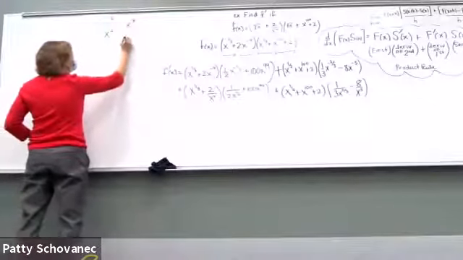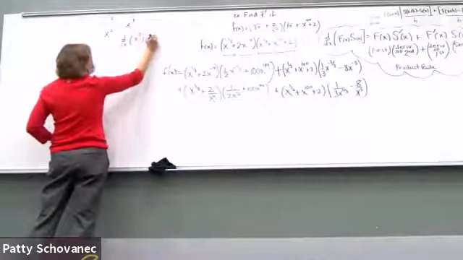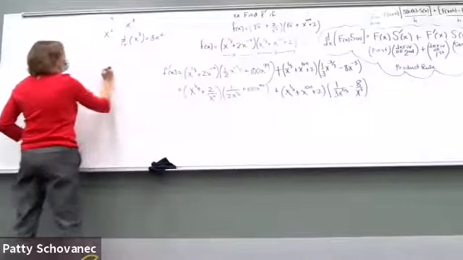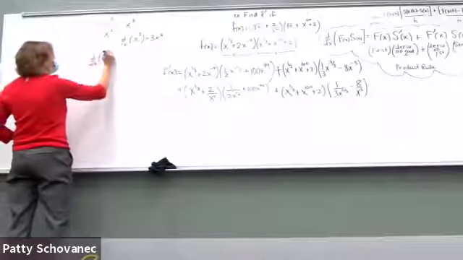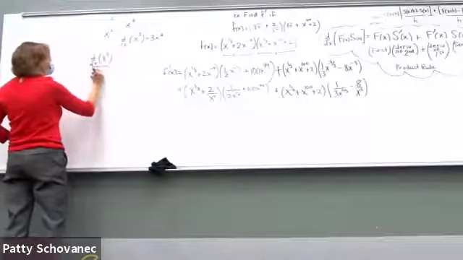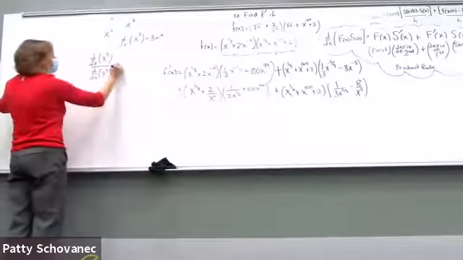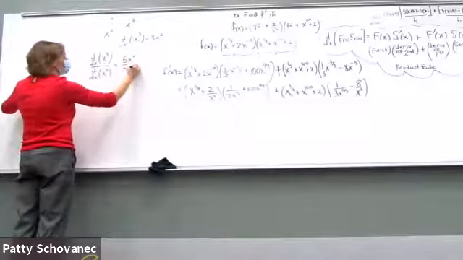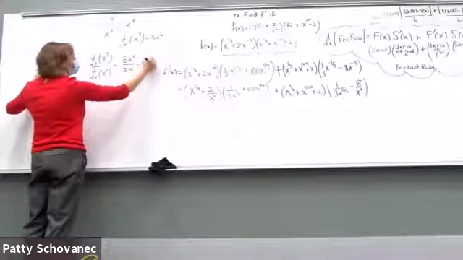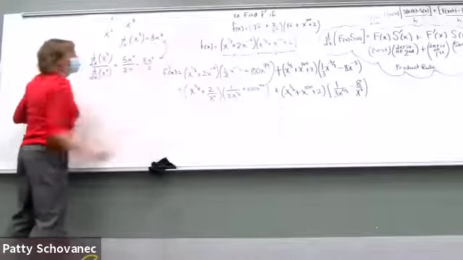And I know the derivative with respect to x of x cubed is 3x squared. But if I take the derivative of the top term and then divide it by the derivative of the bottom term, I'm going to have a 5x to the 4th and a 2x, which gives me a 5x cubed over 2. So you see, you don't get the same thing.